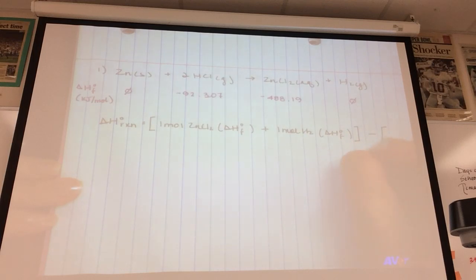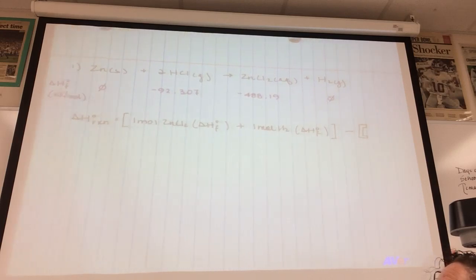minus, this set of brackets here is the most important set coming right here. And this makes for a very long chain. I'd like to swing it straight across.